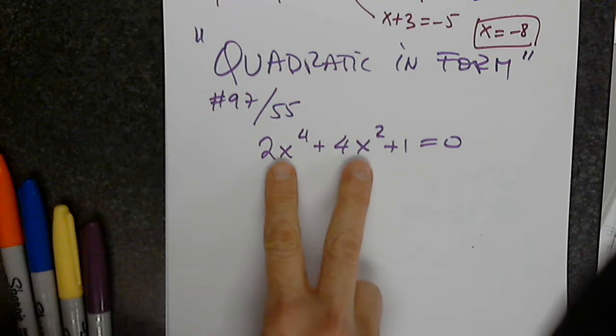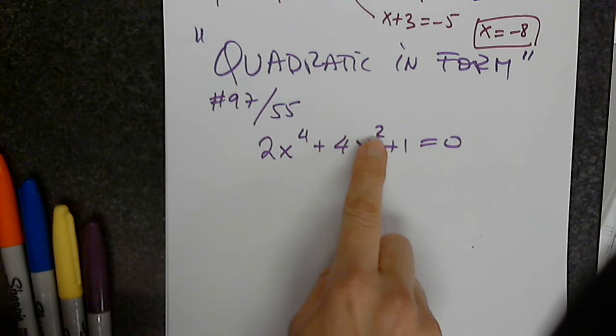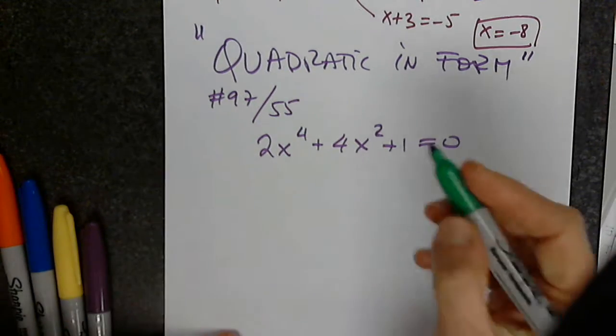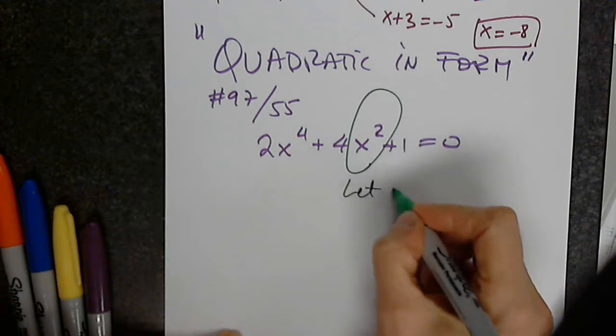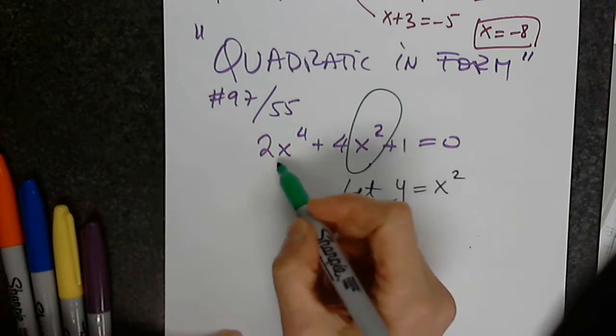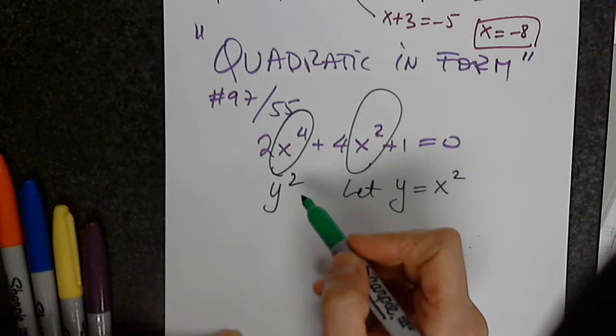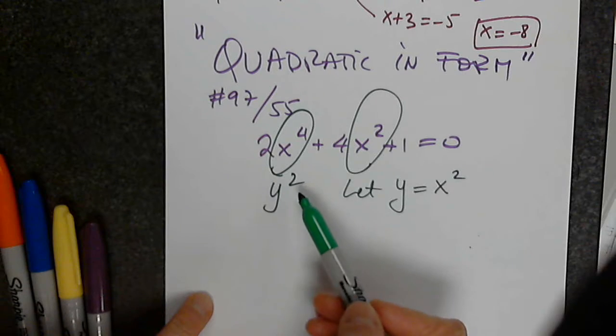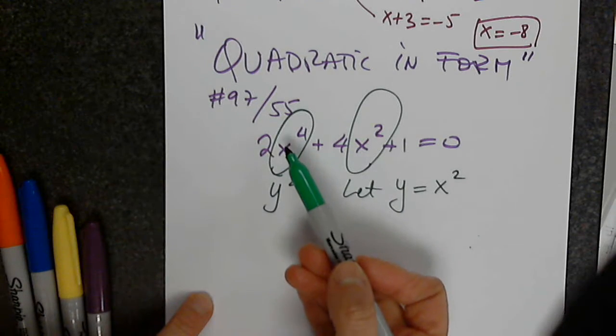Because I look at these two, I see the smaller of the two exponents here, and I'll say, what if I denote this by y? Will this be y squared? Yeah. If it's not y squared, then it's not quadratic in form. But it is y squared, because if I square this, I get x to the 4th.